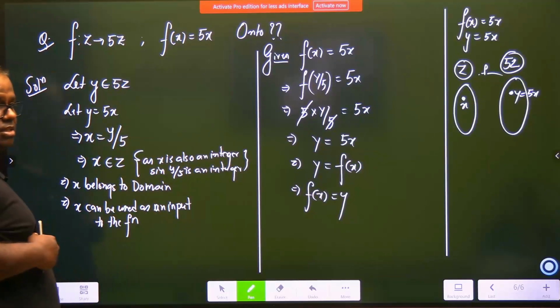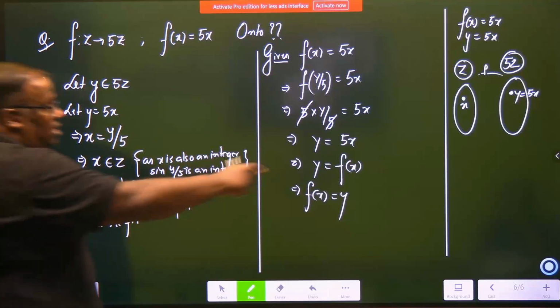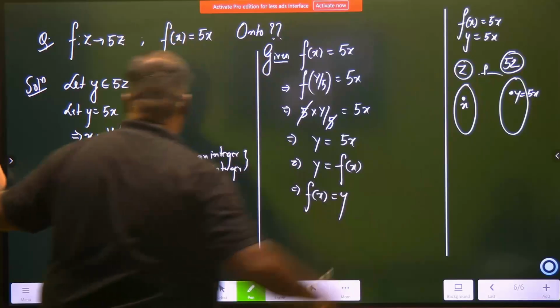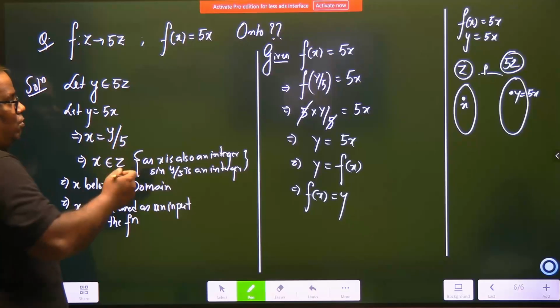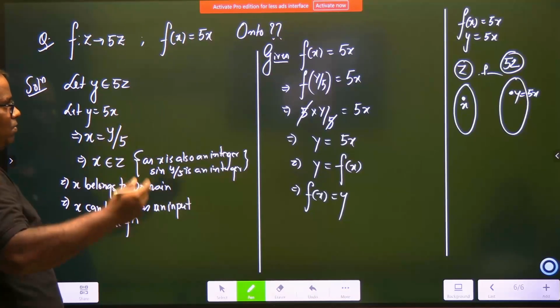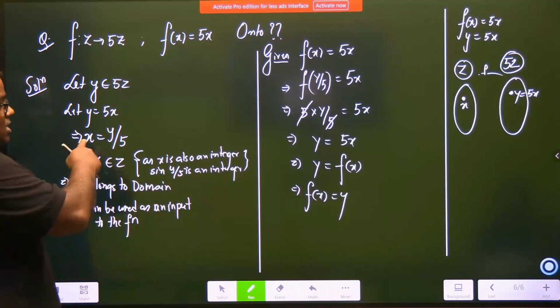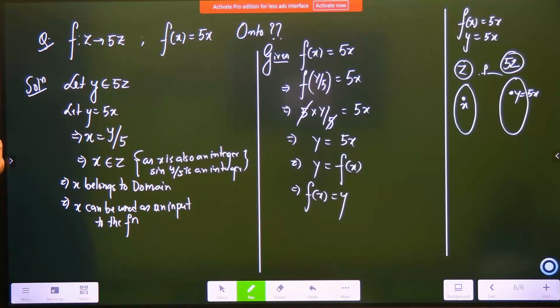Yes, it makes it, because this set is all integers. I have an integer y, which is 5 times of an integer divided by 5. 5 times of an integer divided by 5 is an integer, which means x is an integer. Is that clear? If x is an integer, then x belongs to the Z family. The Z is nothing but the domain of this function.